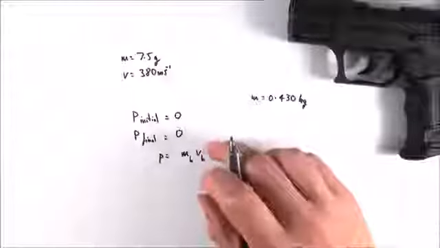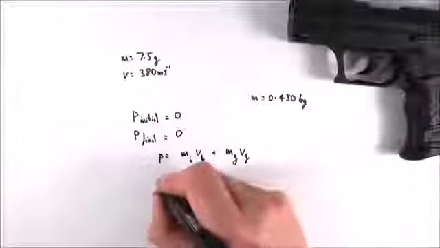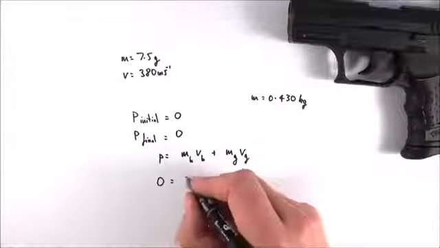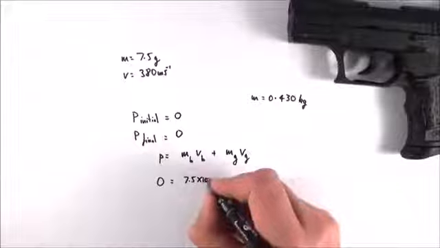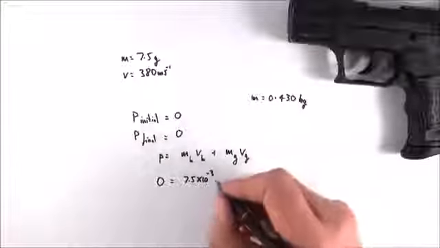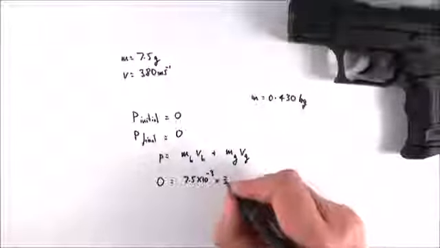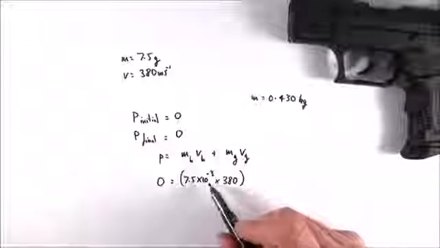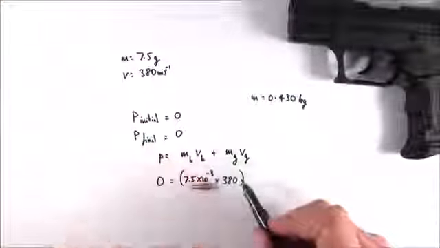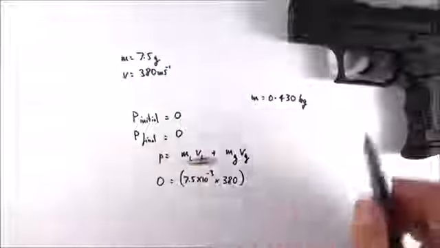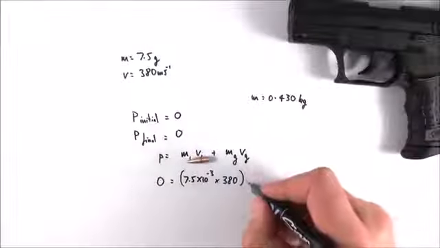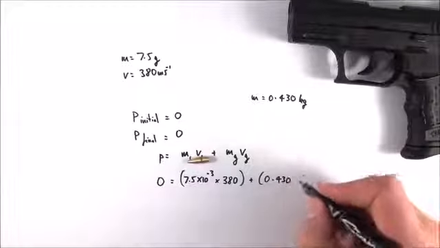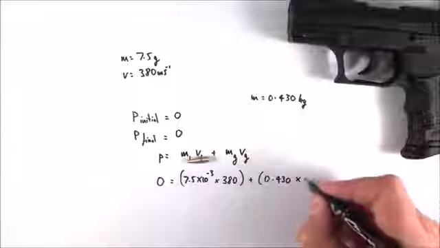We know that the final momentum, like the initial momentum, was 0. This is equal to the mass of the bullet, which in this case is 7.5 times 10 to the minus 3 kilograms, multiplied by 380 meters per second. So this is all the data for the bullet. In terms of the gun itself, it's going to have a mass of 0.430, and we don't know how fast it's moving off at.